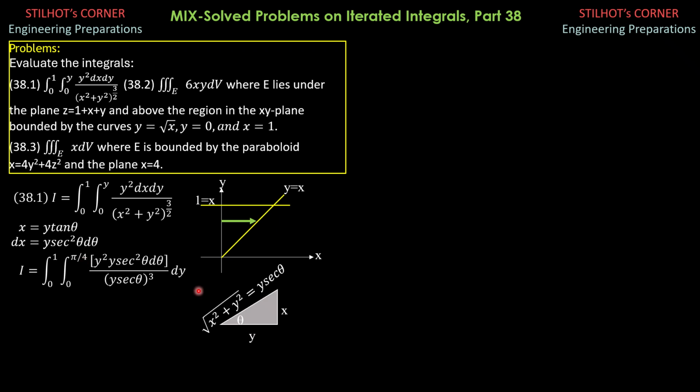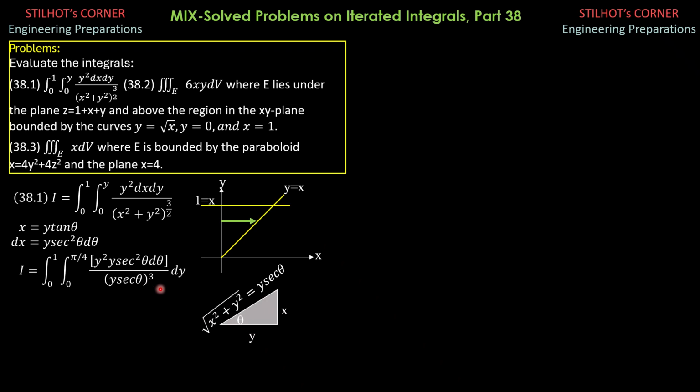And for y, the final limit is 0 to 1. So y squared dx is y secant squared theta d theta. And this is y secant theta from this hypotenuse here, cubed, because the square root of x squared plus y squared is y secant theta.